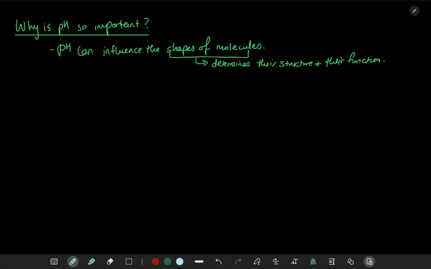So because pH can influence the shapes of molecules, it can also influence their function. And because function is dependent on pH, pH is of profound importance, especially in biological systems.